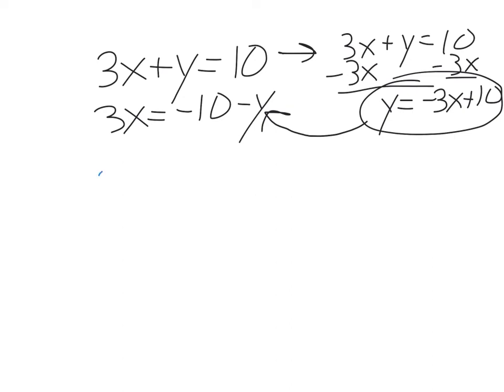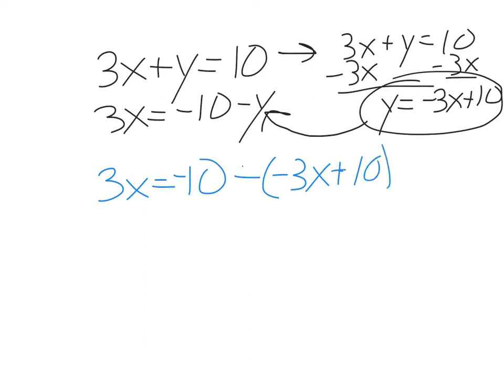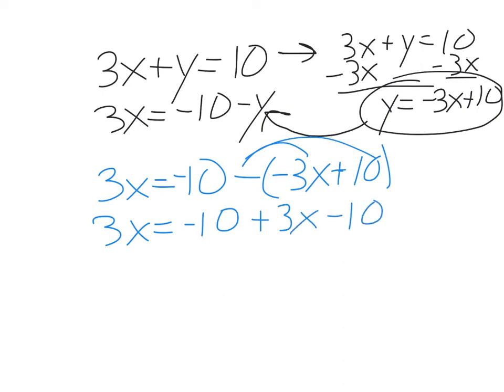And when I do that, I have 3x equals negative 10 minus negative 3x plus 10. Well, I'm going to have to distribute the negative there. So 3x equals negative 10 plus 3x minus 10.